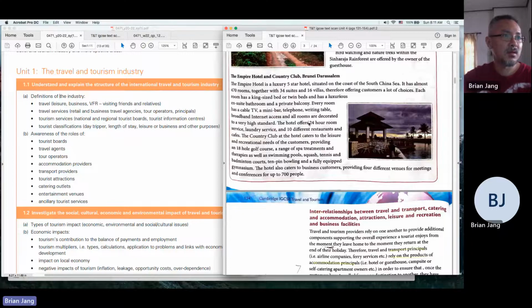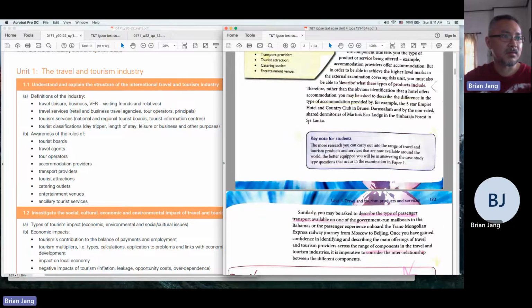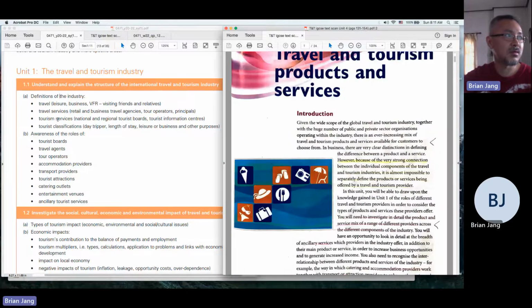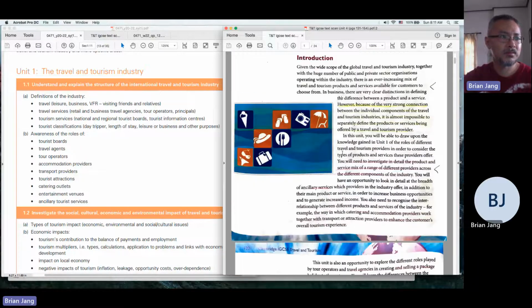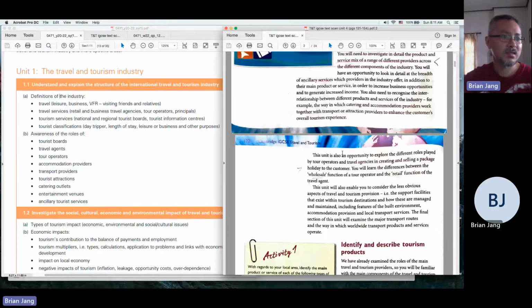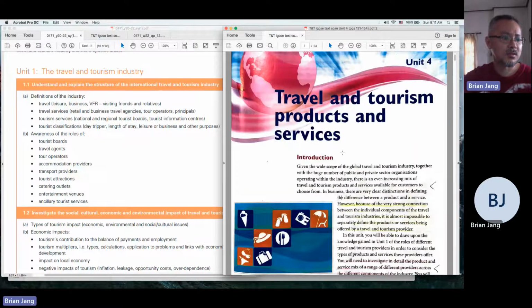So you don't see that heading, but once you get into the bullet points, you kind of see these words in this first section from pages 3 through 17. So definitions of the industry, basically they want you to know this vocabulary at the least.